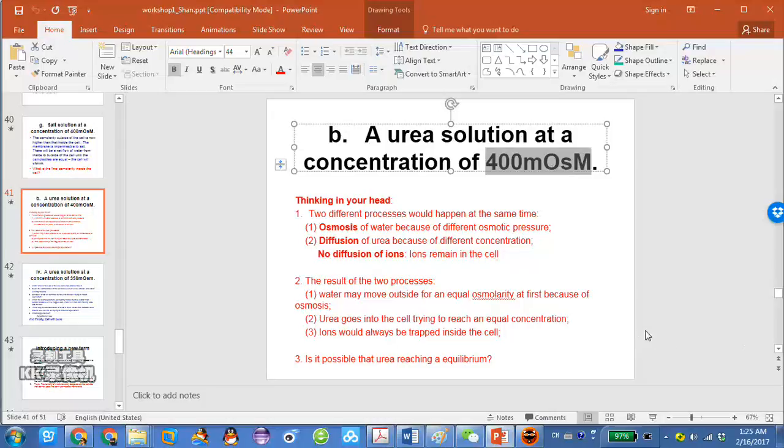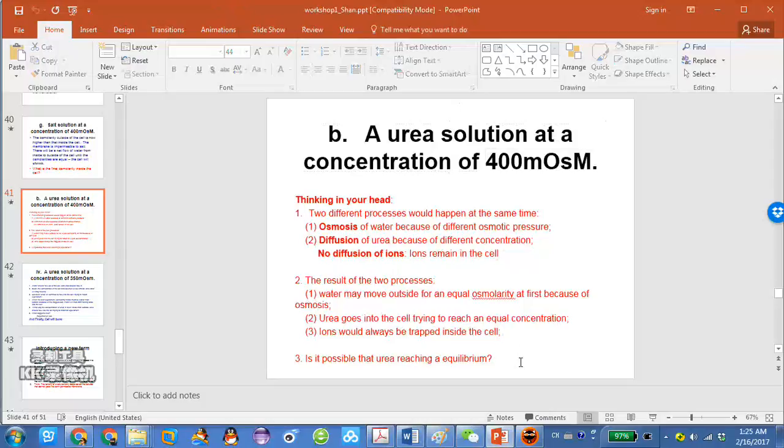When we say hyperosmotic, we always think of more concentrated, right? But when we put a cell that contains basically salt, with an osmolarity of 300 milliosmolar, into a urea solution of 400 milliosmolar, a more concentrated one, a higher osmolarity one, eventually the cell bursts.